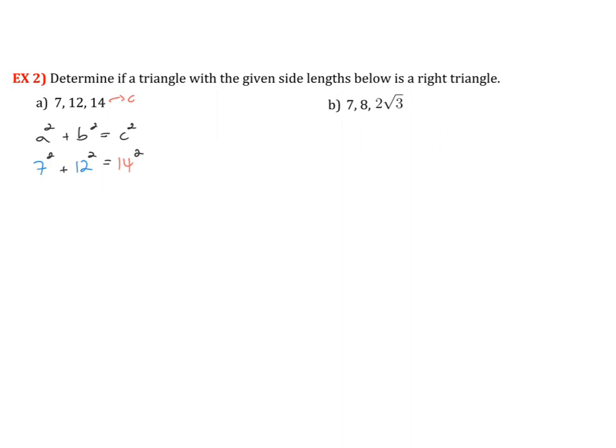Finishing this up, we get that 49 plus 144 is equal to 196, or supposedly, that's what we're checking for. So 49 plus 144 is equal to 193.